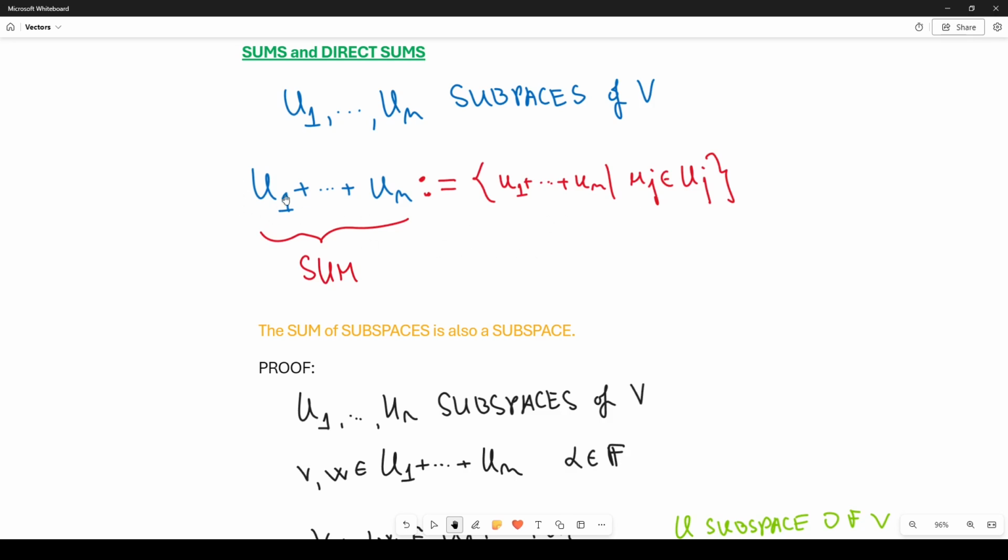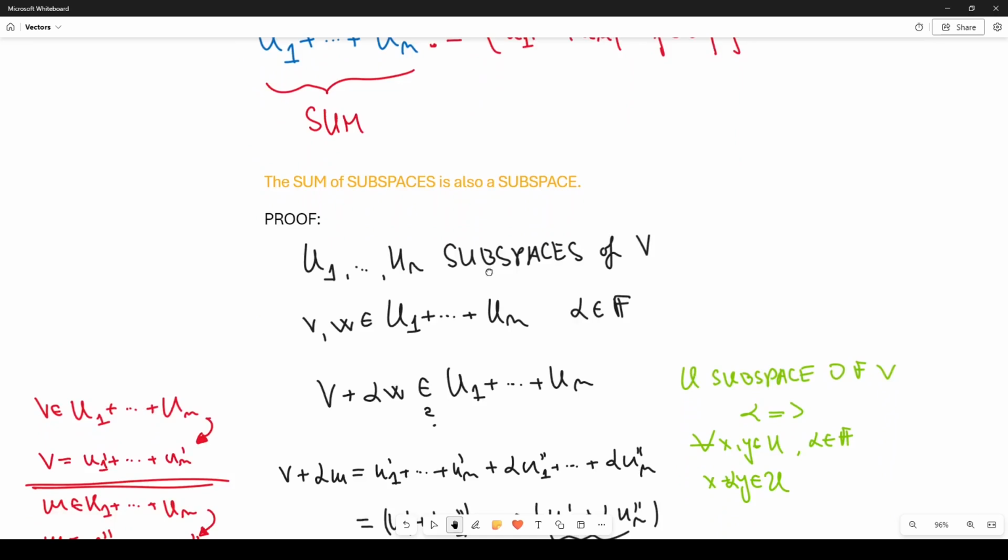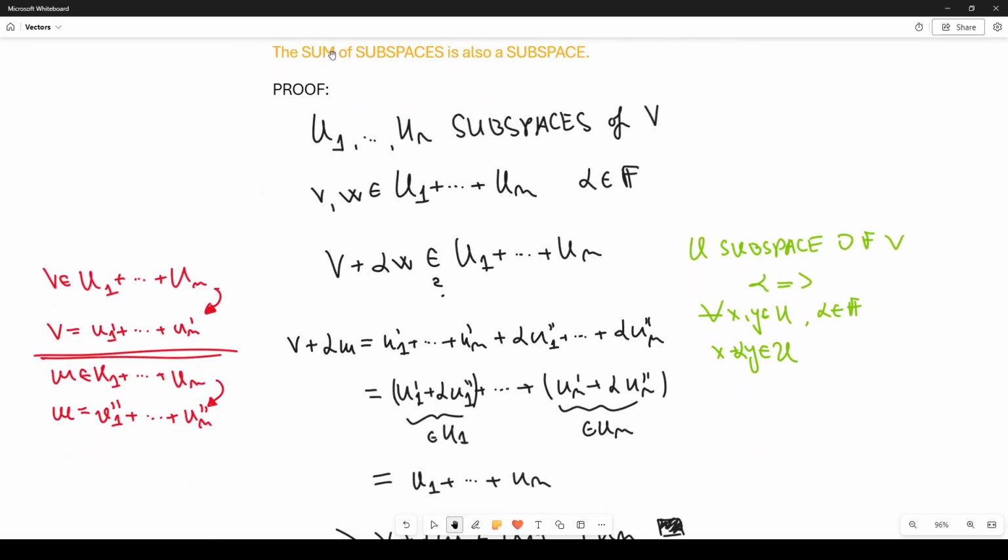So I take vectors from each corresponding subspace, I add them up together, and that vector goes into the sum. So now we have the following result. We have that the sum of subspaces is also a subspace of V. So let's suppose these are subspaces of V.